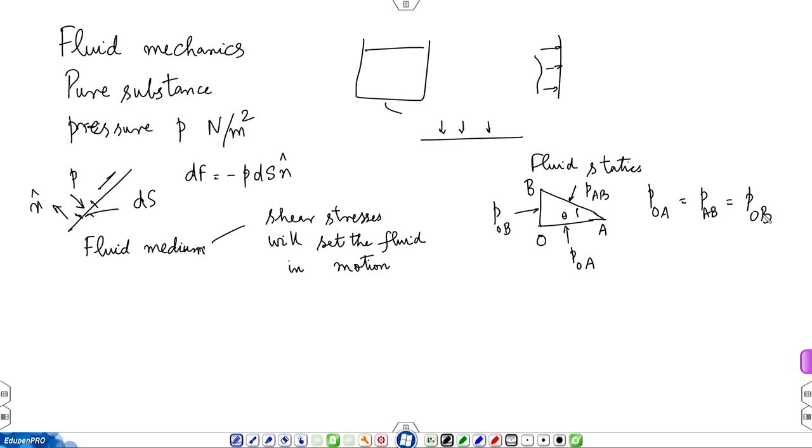Now, this point is not a geometric point, it is a point to be interpreted in the framework of continuum that we discussed last time. So it could be maybe 1 nanocube while you are doing a calculation on the human scale. Okay, so this is an interesting result called Pascal's law.